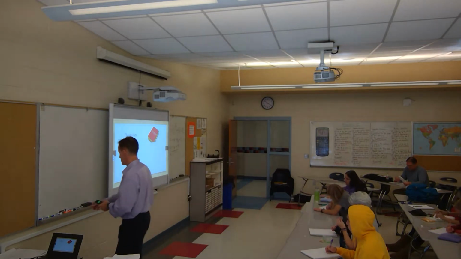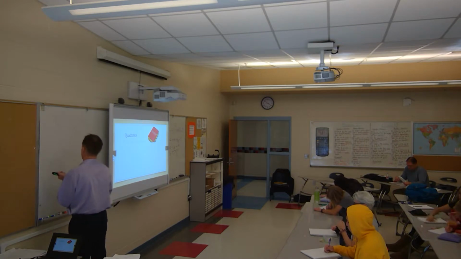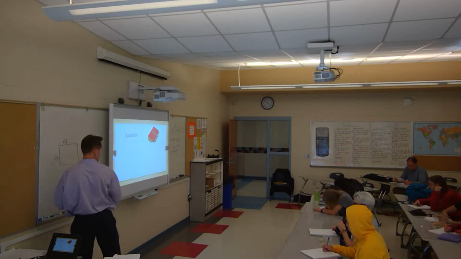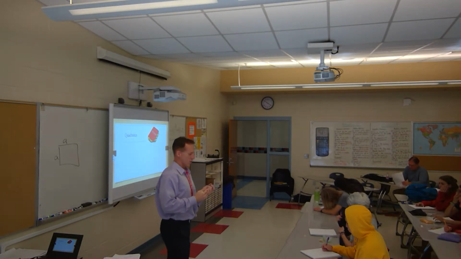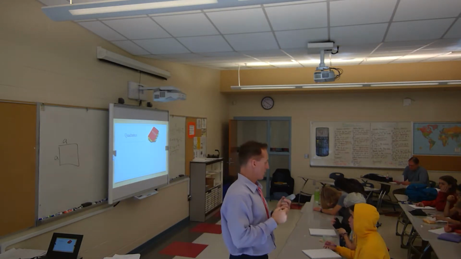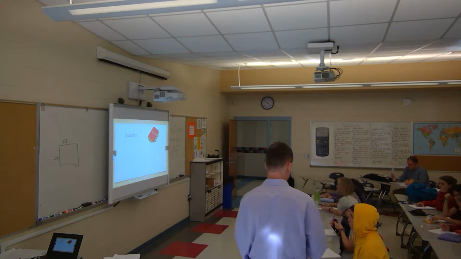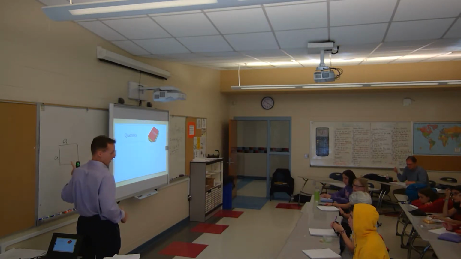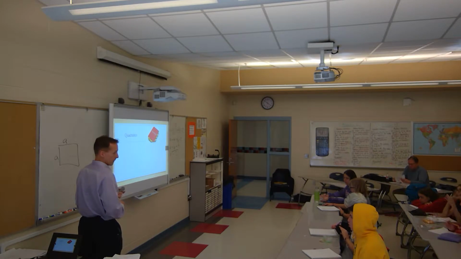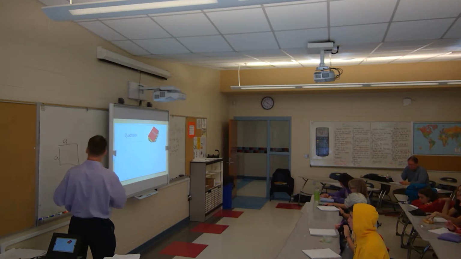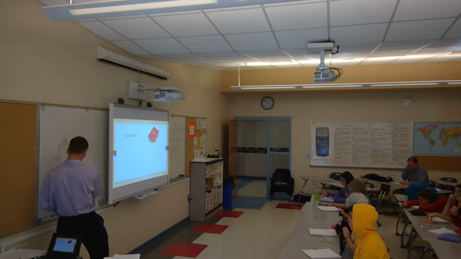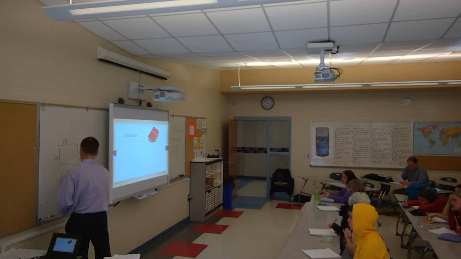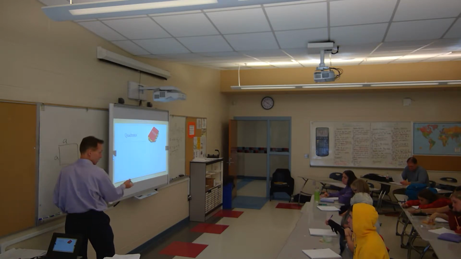And if I draw a square with sides A, what's the area of this square, Douglas? You take A times A. A times A. And what's A times A equal?